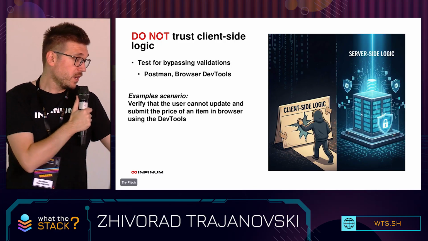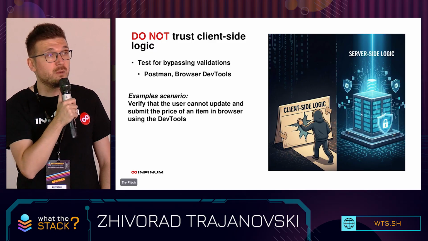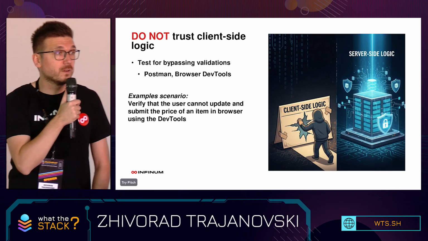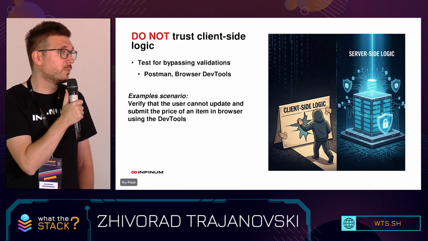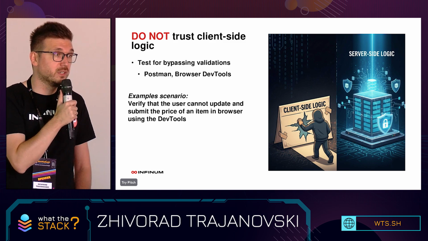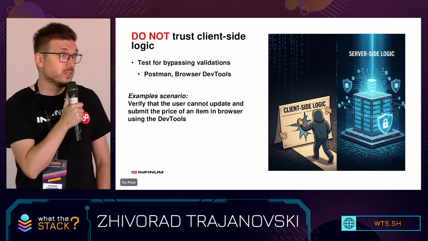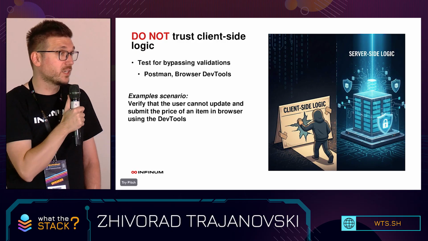An example scenario here is that the user cannot update the price of your items. So imagine you have an e-commerce site where you have some items listed at some price, and the user comes and opens the dev tools, tries to reduce the price from $100 to $1, and this is accepted.